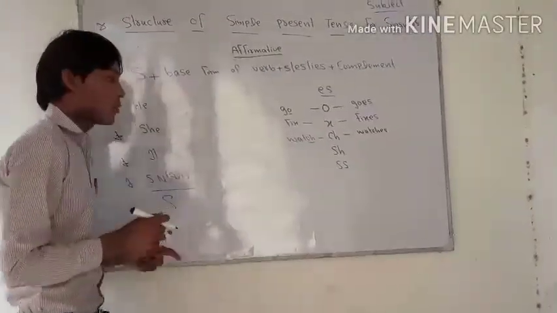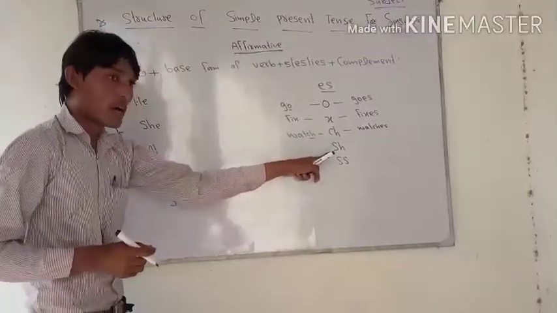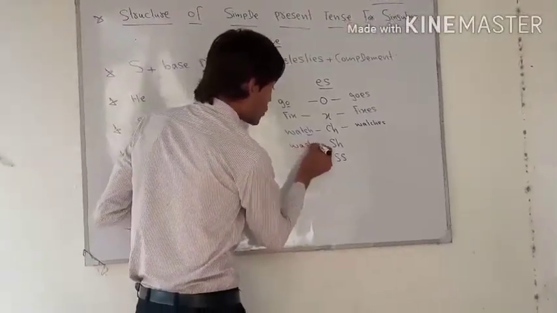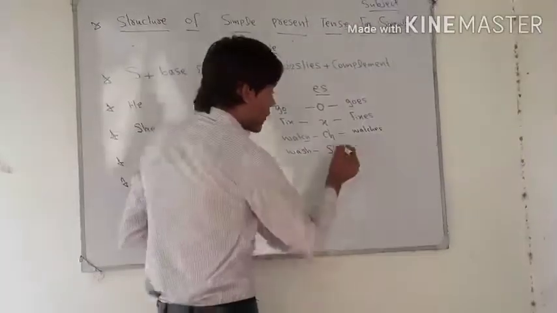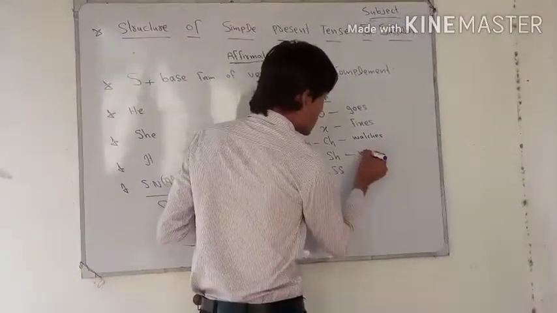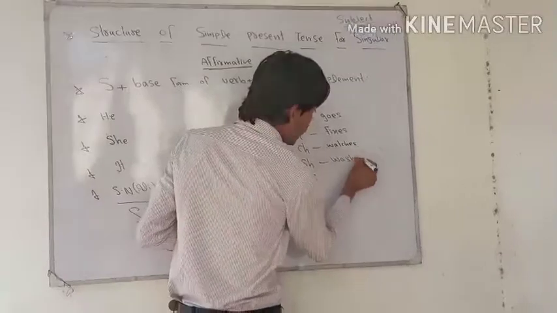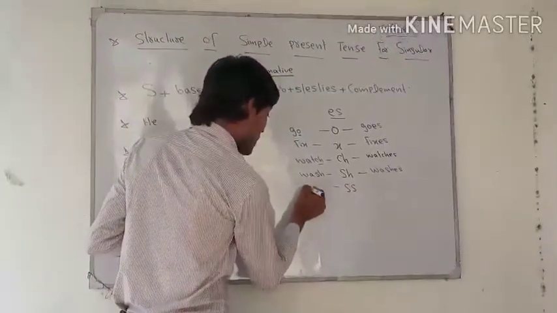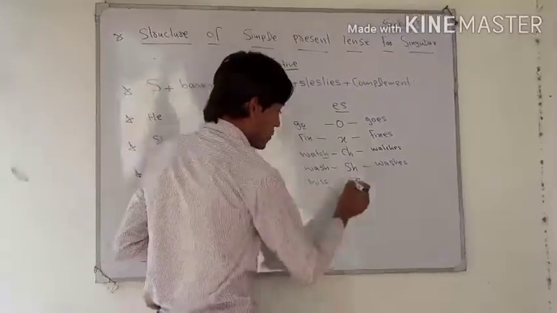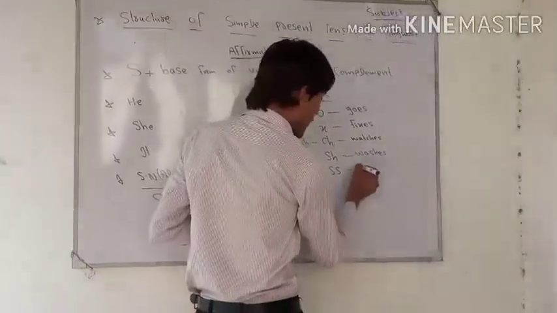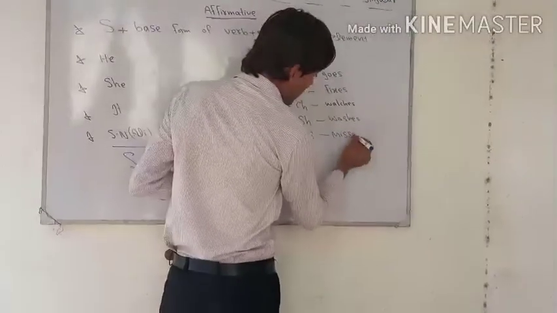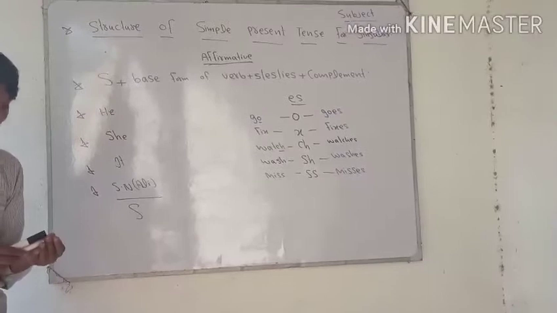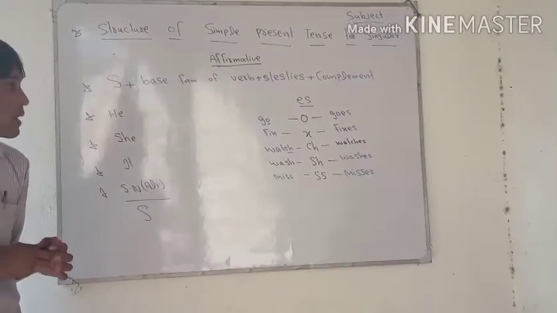For sh, we have the word wash, w-a-s-h, which is converted with es: washes. The next one is miss, m-i-s-s, or m-e-s-s is also possible. It is converted to m-i-s-s-e-s, misses.